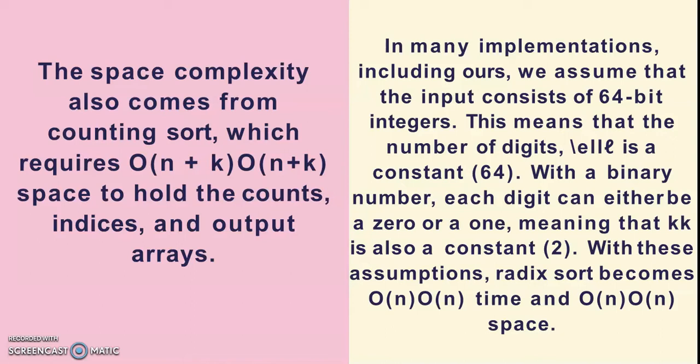With this assumption, Radix sort becomes big O in time and big O in space. So the explanation of what I've read is, when performing a Radix sort, the best and worst time cases will be determined based on the kind or size of data being sorted.